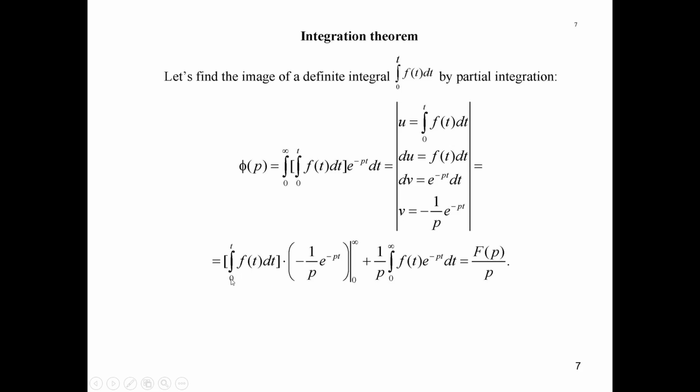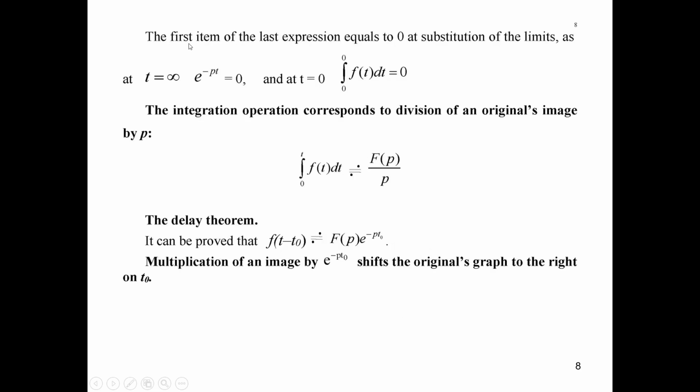It will be the integral from 0 to 0 of phi from t by dt, and such an integral is just equal to 0. So at substitution of both limits we will have 0 here, therefore this summand will vanish and we will have only this summand, and we can say that the integration operation corresponds to division of the original's image by p.